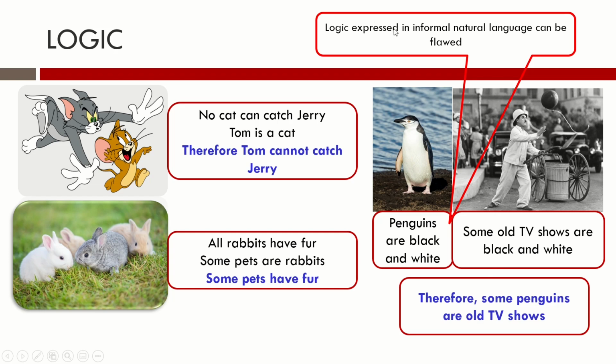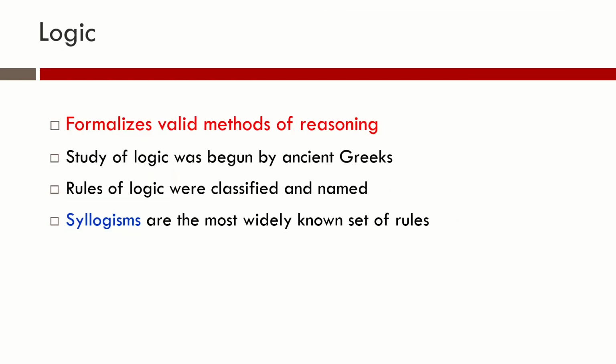So we cannot use natural languages like English to represent logic. Instead, we will have to use some formal methods, some formal logic, a formal language. So we need to formalize the valid methods of reasoning.